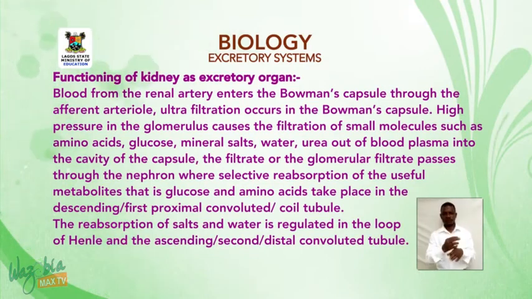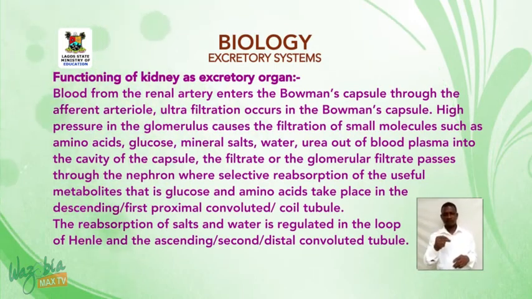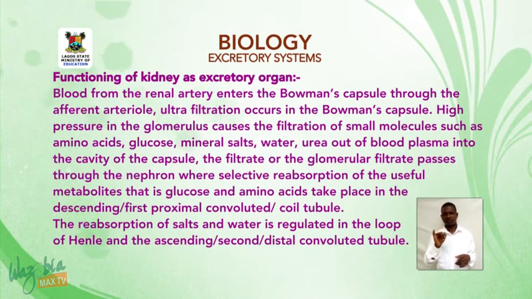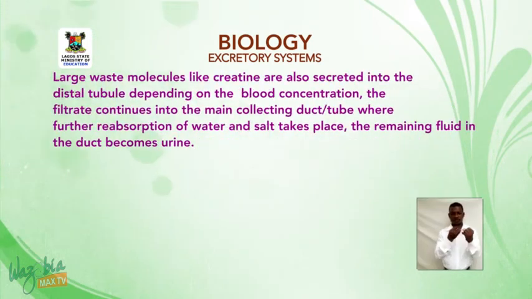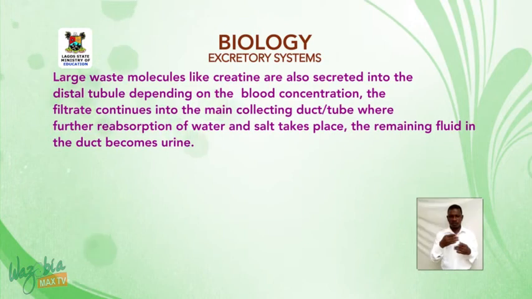The reabsorption of salts and water is regulated in the loop of Henle and the ascending or second or distal convoluted tubule. Large waste molecules like creatine are also secreted into the distal tubule depending on the blood concentration.